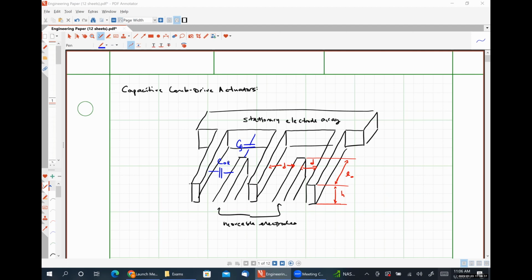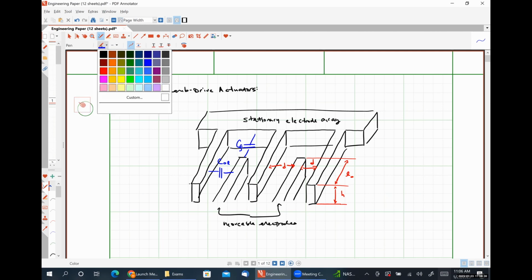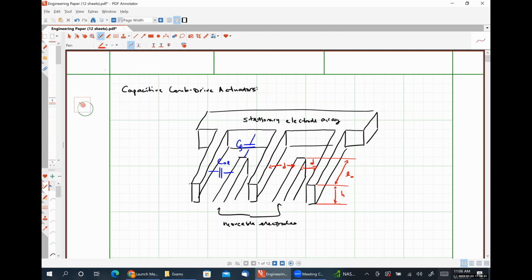All right, thank you. Okay, so we have our fringe capacitance and we have our overlap capacitance. Okay, so if we apply a voltage drop across our stationary electrode array and our movable electrodes, what we are going to see is a displacement.